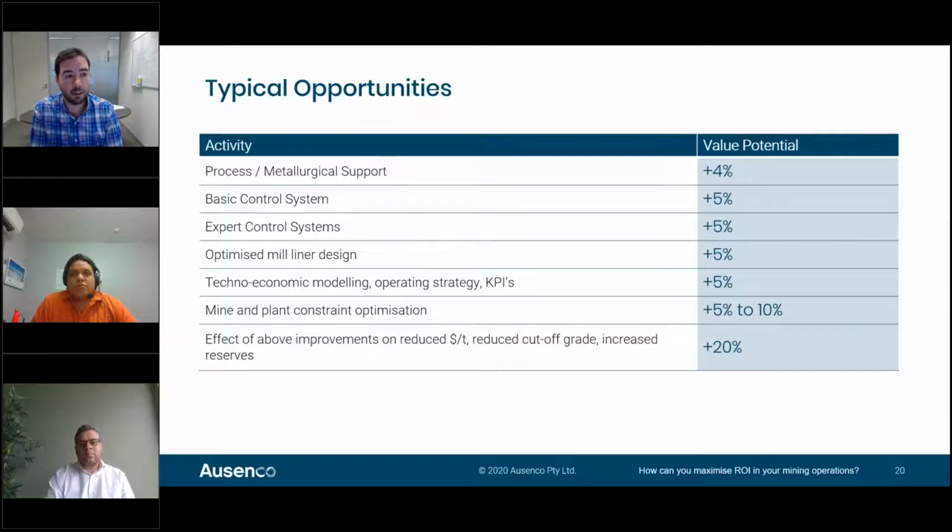Then if you do that back to the mine to mill piece, there's additional value that you can often get, and Gerald Whittle explains this very well in his course. But when you go back to look at strategic mine planning, you can then improve the overall way the mine is developed and the overall resource, and increase low-grade ore into the plant.